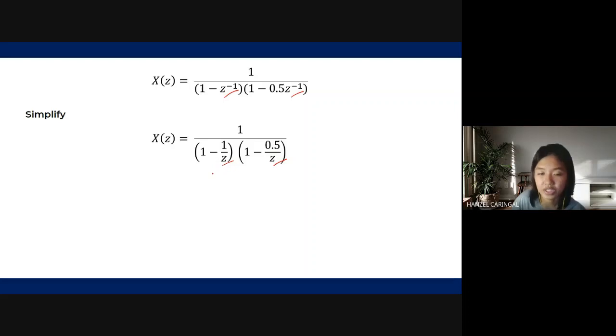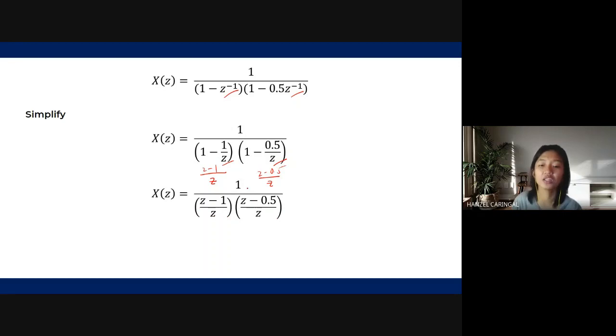Then do the operation. We have the LCD here, z. So z times 1 minus 1 is just equal to z minus 1, and here z times 1 minus 0.5 is z minus 0.5.